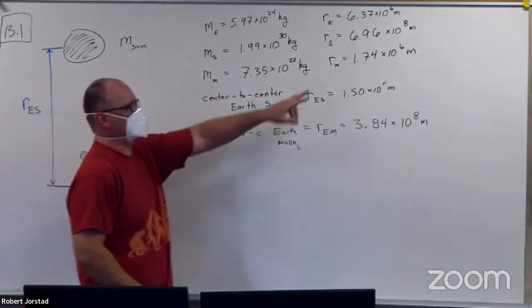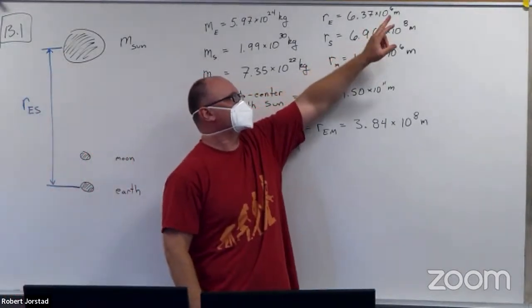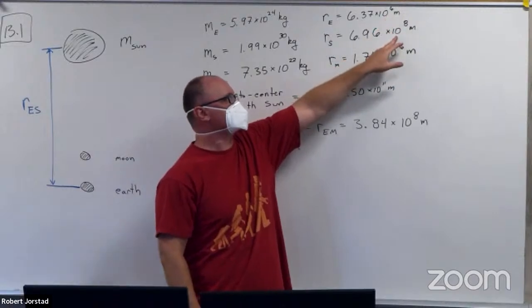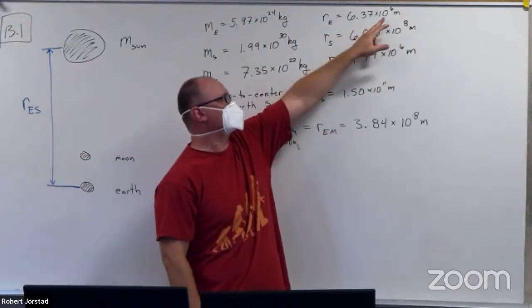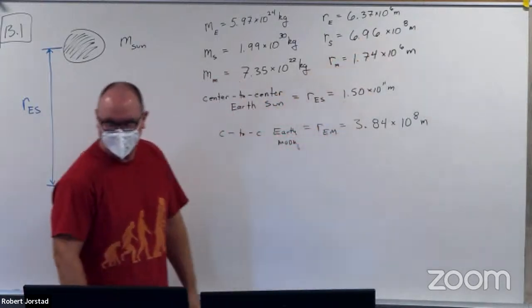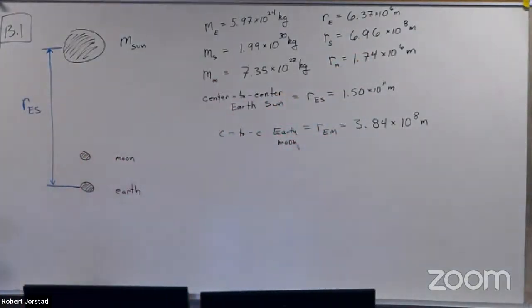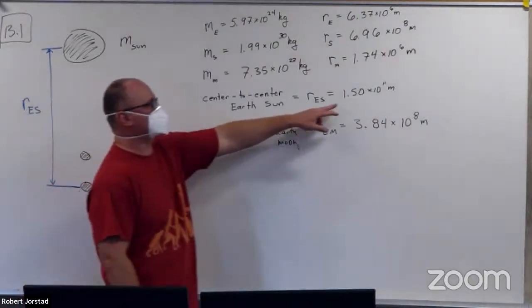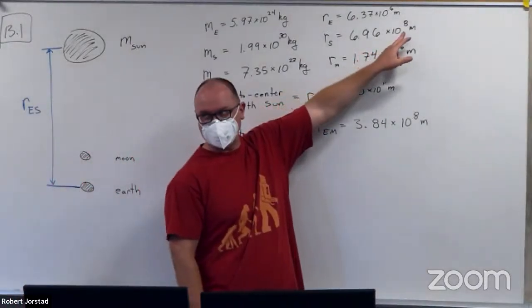Look at these radii. The radius of the Earth is 6 million meters, and the radius of the sun is about 700 million meters. That's pretty big. How does it compare to this one? Tiny. This is less than 1%.